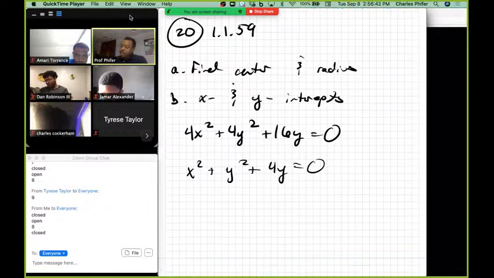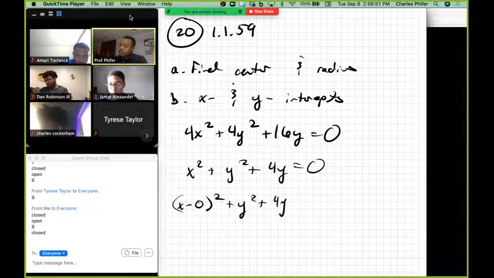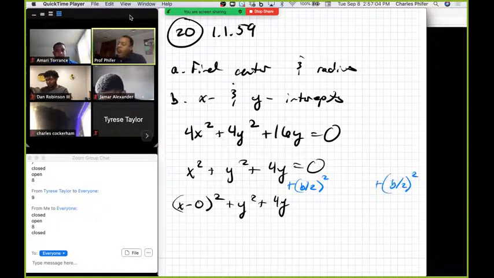The x is already done because we don't have another x term, so we can write x like this. But then for this y term, we need to do completing the square. So completing the square is going to be b over 2 squared added to both sides. So in this case, our b is 4.